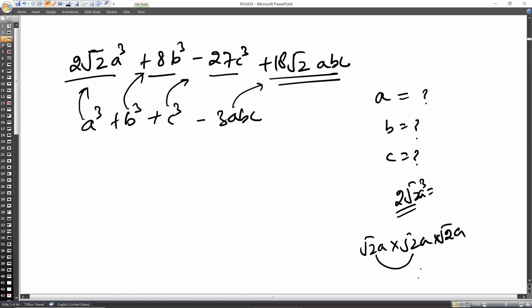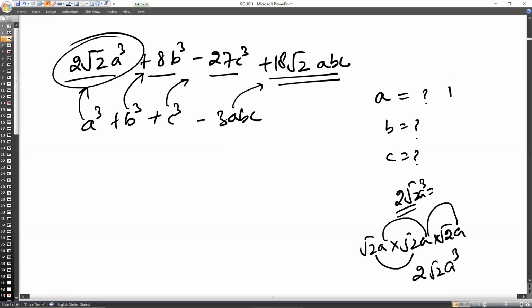Root 2 into root 2 you will get 2, and with this root 2 you will get 2 root 2, and a multiplied by a you will get a square, and with this one you will get a cube. Got it? So here A is actually root 2a.